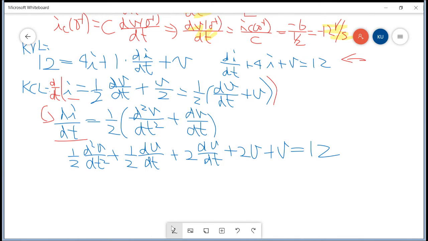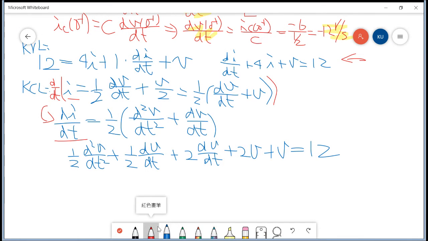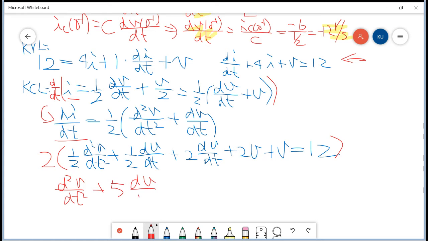So actually we can multiply both sides by 2, so that this is 1, so that we have a second derivative of v, and then this is 2 times 1/2 1, this is 2. So 2 times 2 is 4, plus 1 is 5. So 5 dv dt.